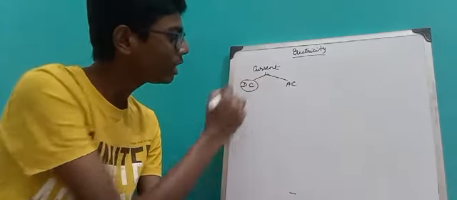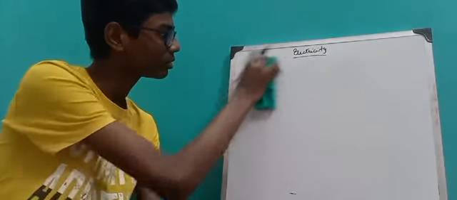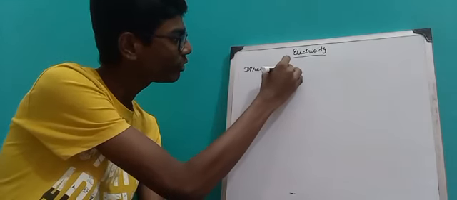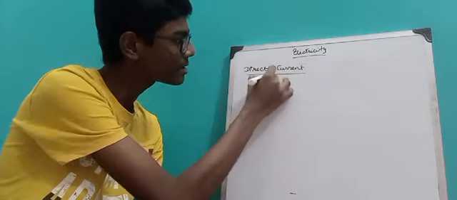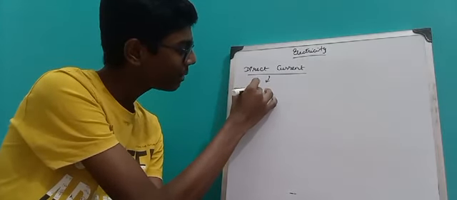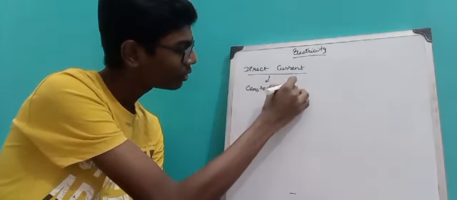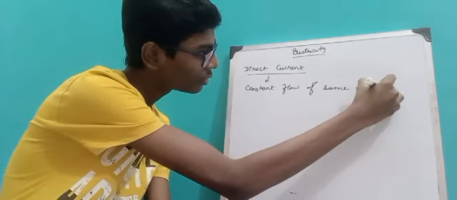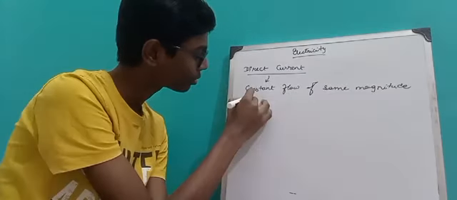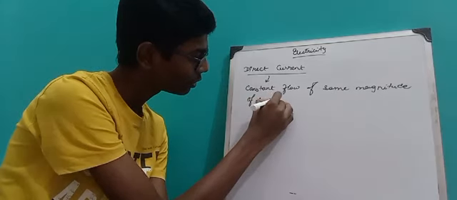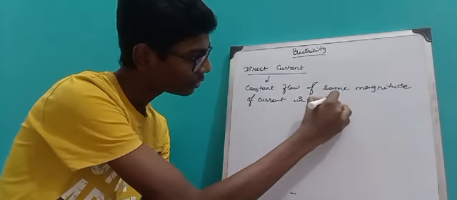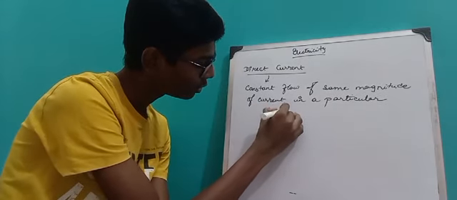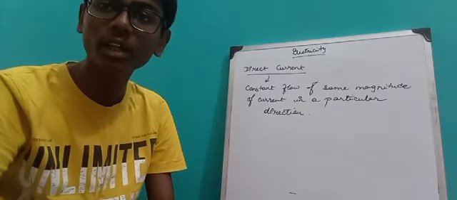Now, at first let us learn about direct current. When we are talking about direct current, the first thing we need to keep in mind is the constant flow of the same magnitude of current in a particular direction.